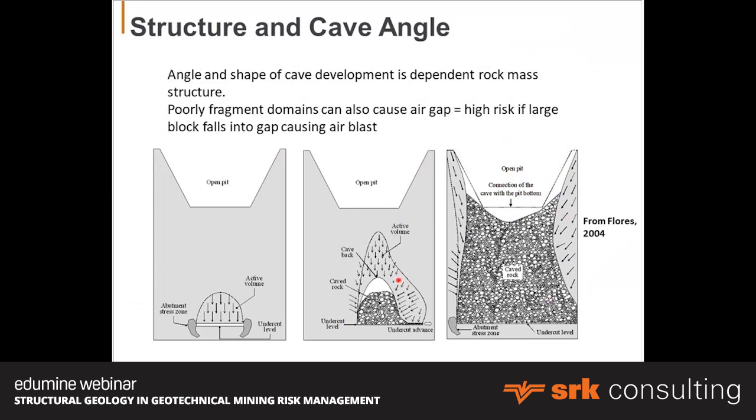You could actually stop the fragmentation and stop the collapse process, and it causes large gaps. This is a high risk to a mining situation because at some point a big block could simply fall out, pushing the air through your tunnel system. And in the case of, for example, Northparkes, there was severe damage and loss of life. So this is one of these high risk scenarios that block caves tend to want to avoid.